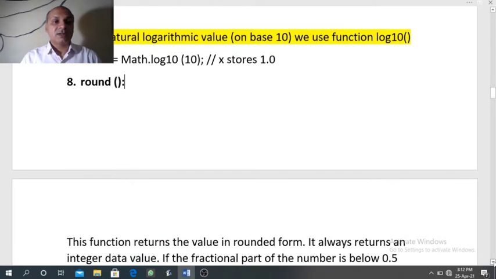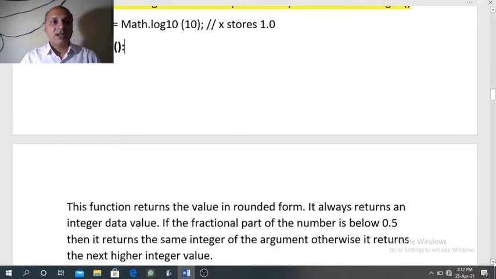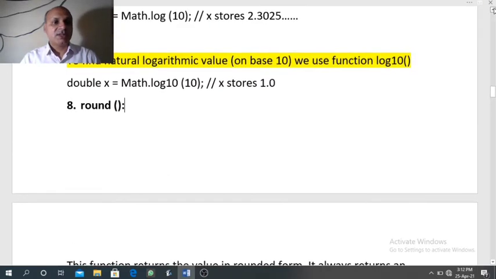Now the round function. In maths you have studied how to round off a number. When you get a real number which has a whole number part and a decimal part, if the digit just after the decimal point is less than 5, then we write the same whole number as the answer after rounding off.